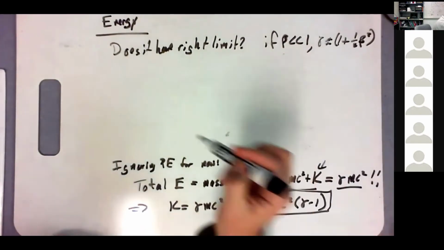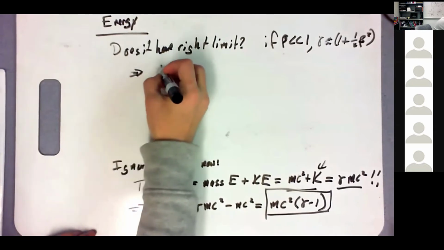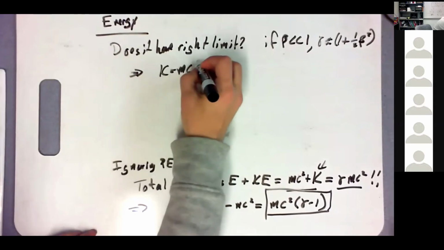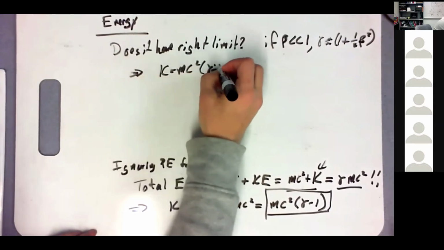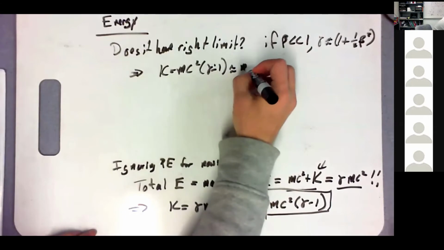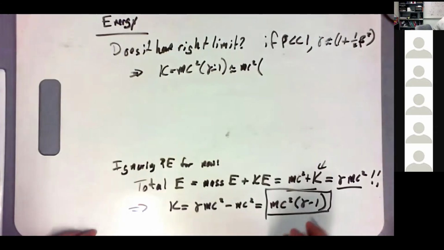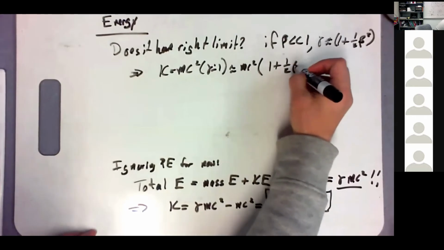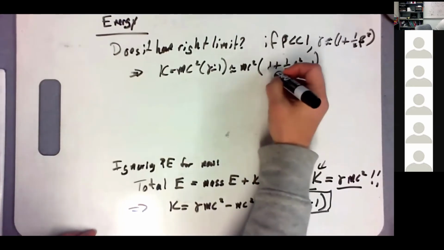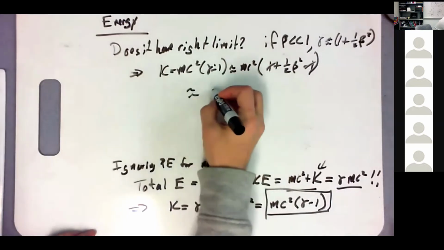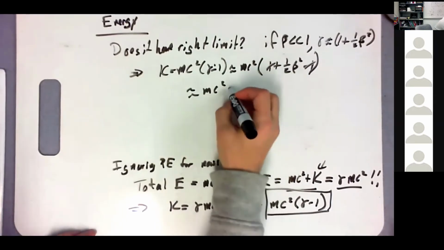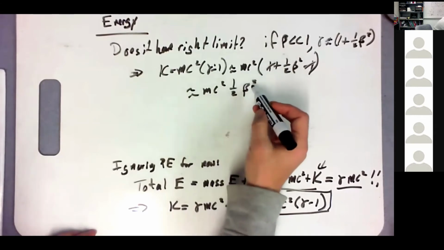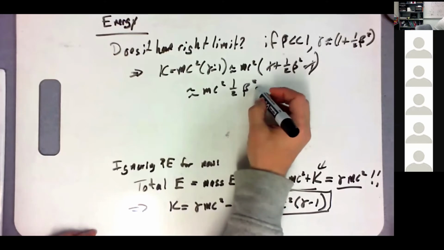And so plugging that in, we get that kinetic energy equals mc squared times gamma minus 1, which is about equal to mc squared times 1 plus 1/2 beta squared minus 1. The ones go away. This is about equal to mc squared times 1/2 beta squared. Beta squared is just v squared over c squared.